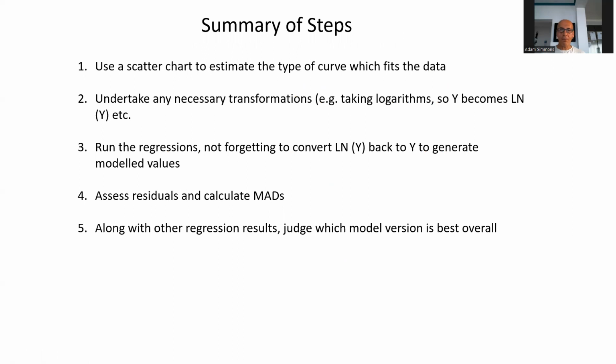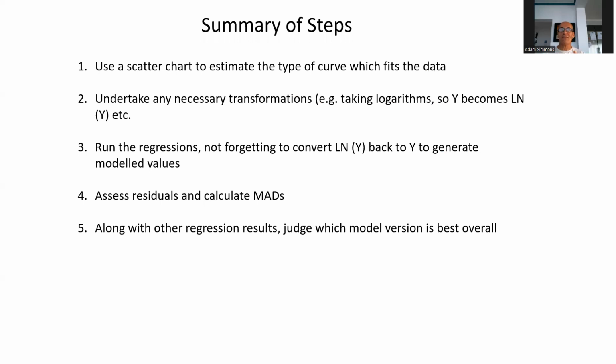Before I actually look at this rub, I just want to share the summary of the steps which we need to take. First of all, use a scatter diagram. As always, try and view the data. If you have to undertake any transformations, do so. If it looks like an exponential function is a good fit for the data, run the regressions, but when you actually come to compare the model and the actual values, do make sure that you convert log y back to y.